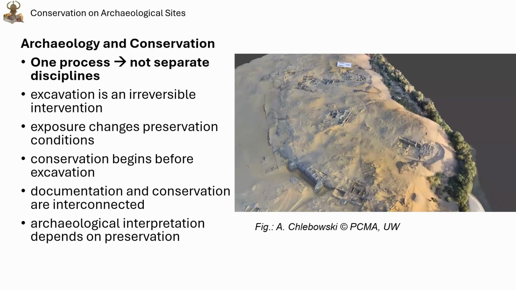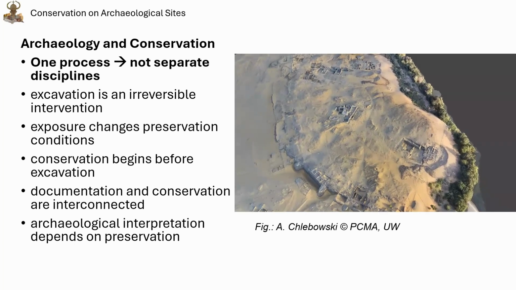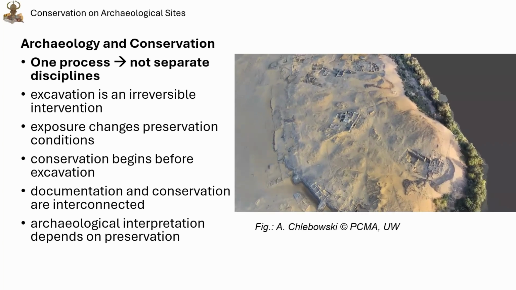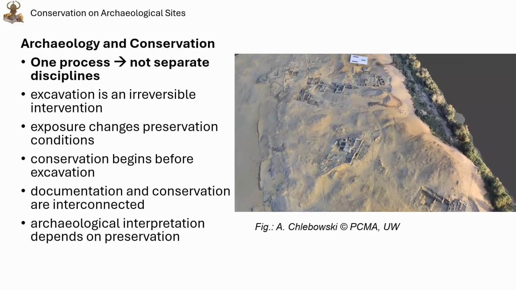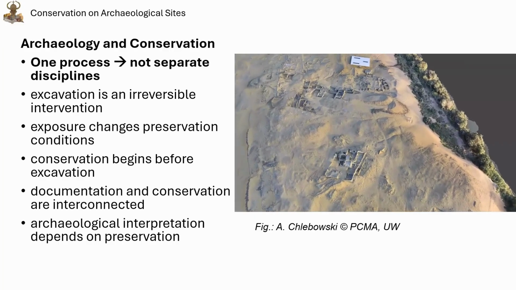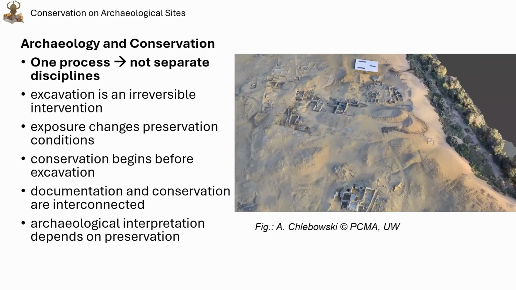I would like to start from a fundamental question. What do we actually mean when we speak about conservation at archaeological sites? This is important because archaeologists, architects, and conservators often use the same terms differently.